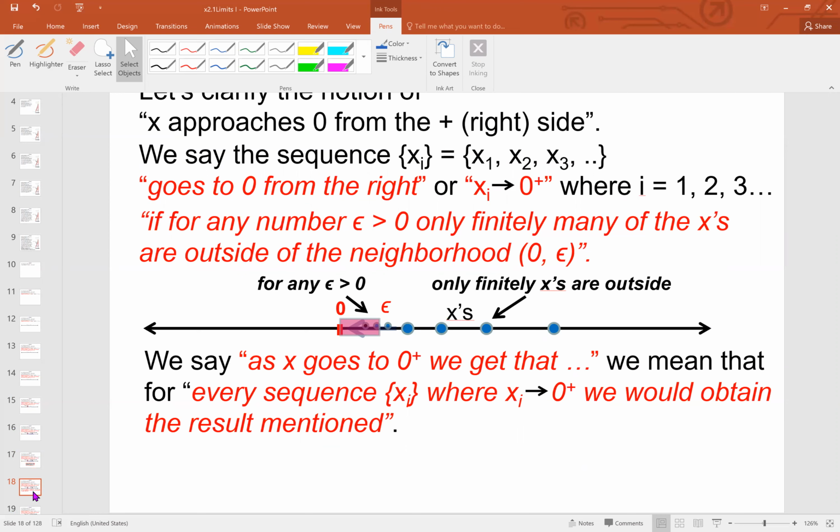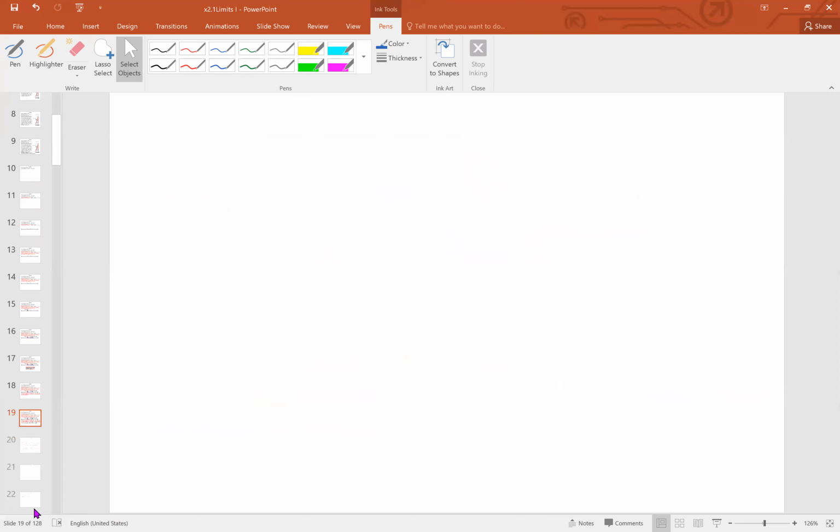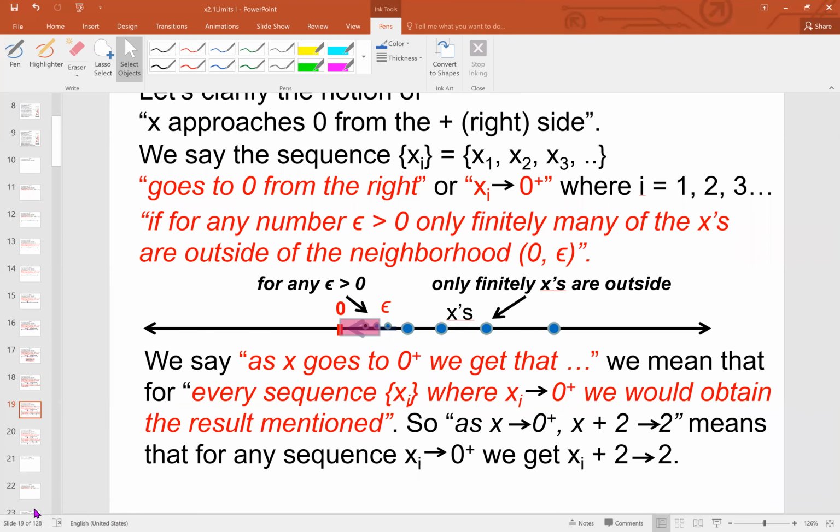Basically, it doesn't matter which sequence going to 0 from the right-hand side you think of, in this discrete version, you obtain the following results. So what I meant is that we clarify what we mean by x going to 0 plus.